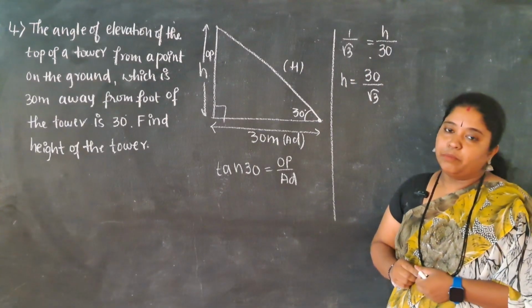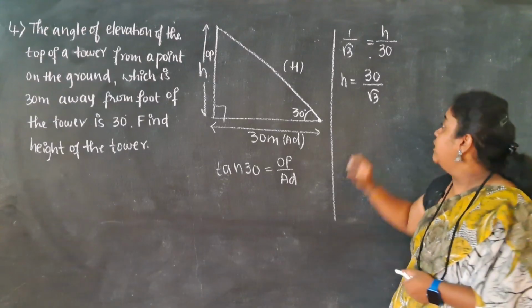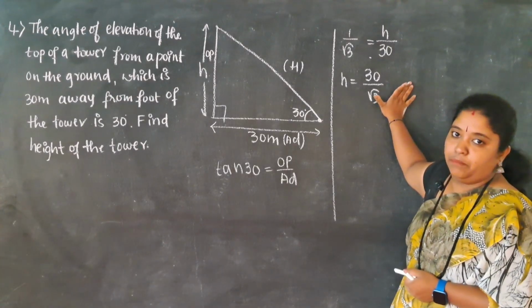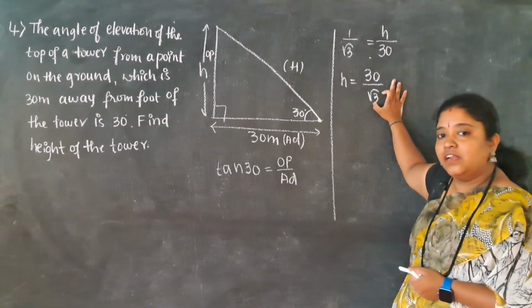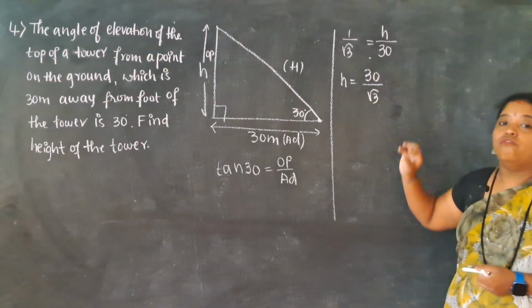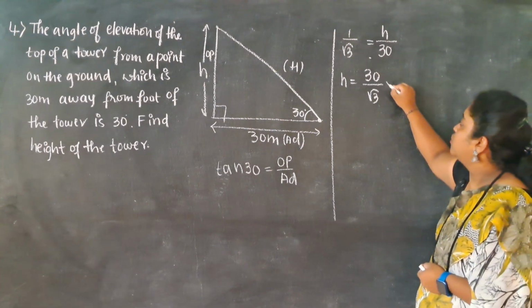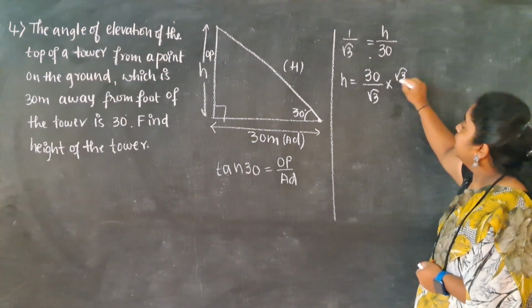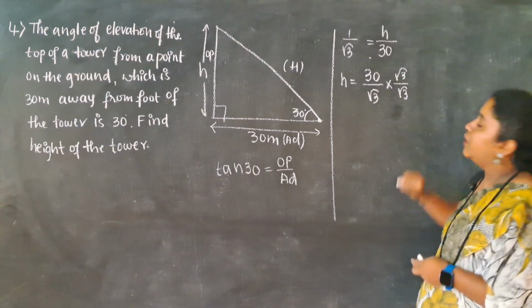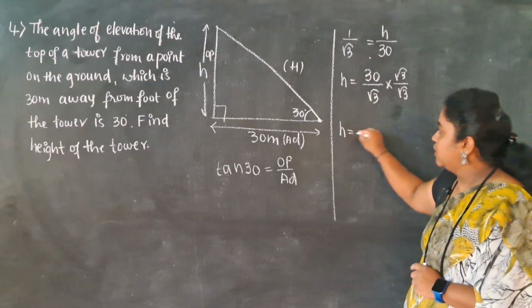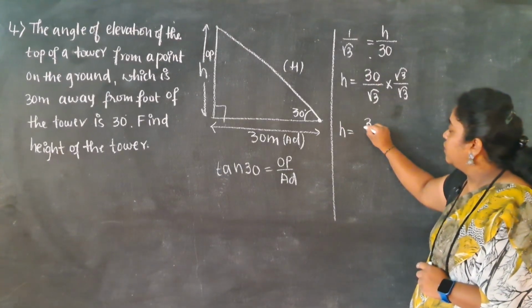But I cannot keep it as the answer. Why, dear? Denominator can never be an irrational number. If the denominator is an irrational number, then I go for rationalizing the denominator. I multiply the same value to the numerator as well as to the denominator. Now h is equal to 30 root 3 over root 3 into root 3.